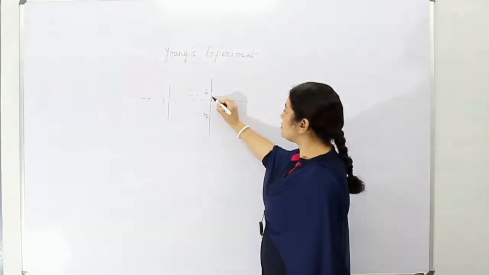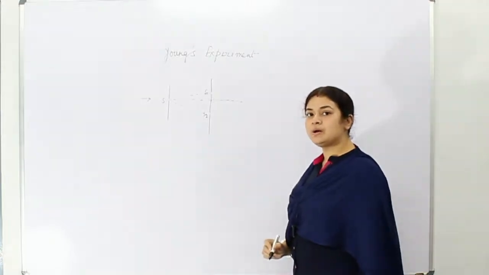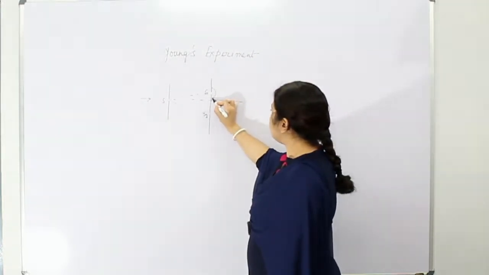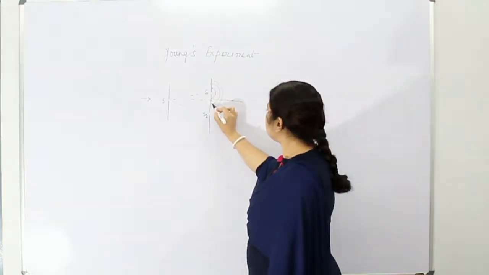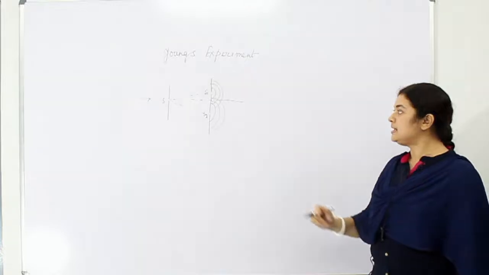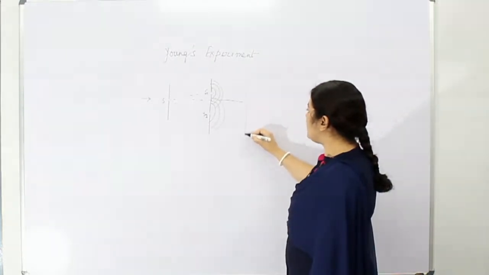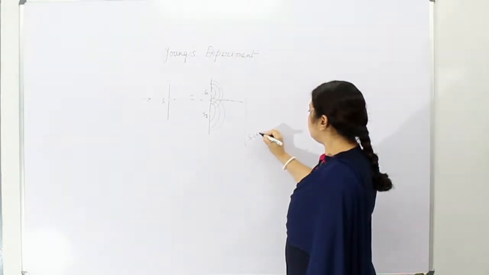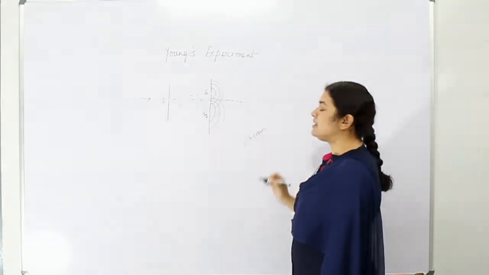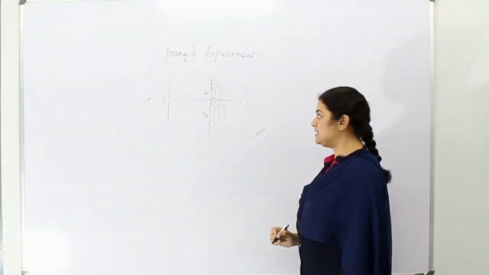Then these two sources will act as virtual coherent sources. The light coming from these sources will interfere with each other, and if their resultant is observed on a screen, then we can observe an interference pattern here.